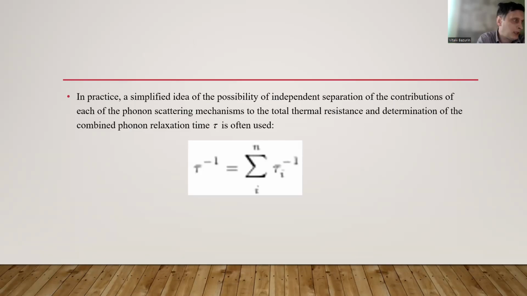In practice, a simplified idea of the possibility of independent separation of the contribution of each of the phonon scattering mechanisms to the total thermal resistance and determination of the combined phonon relaxation time is often used.